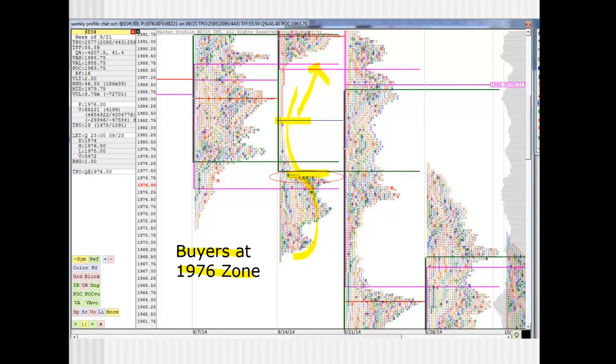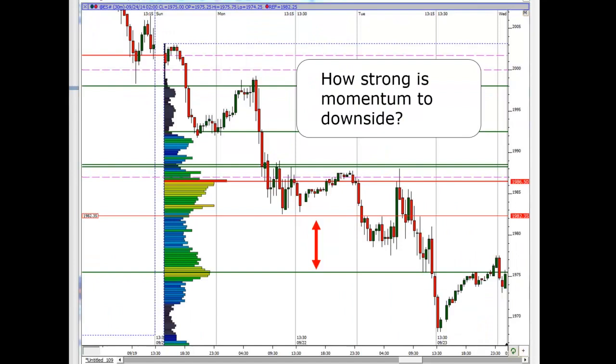That's the range of the zone around that level. So let's see now if in fact once the market decides to drop, and take a look at how well it holds at this particular zone.